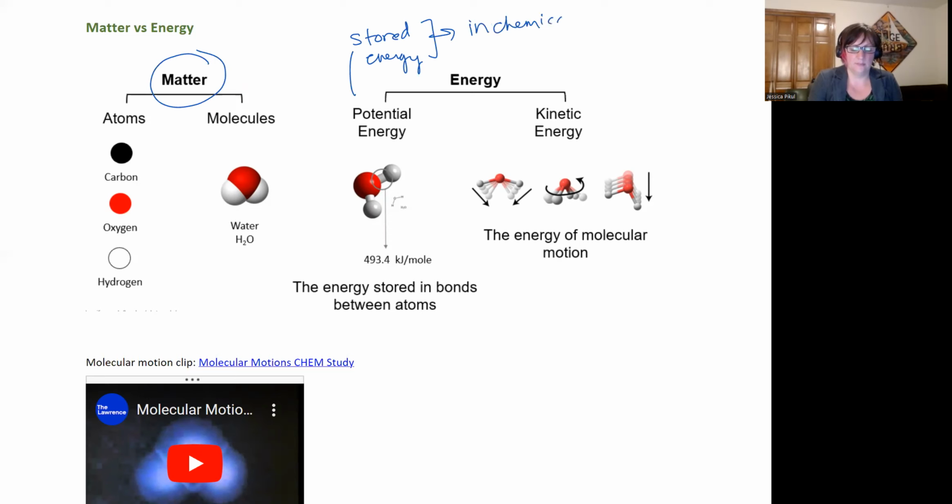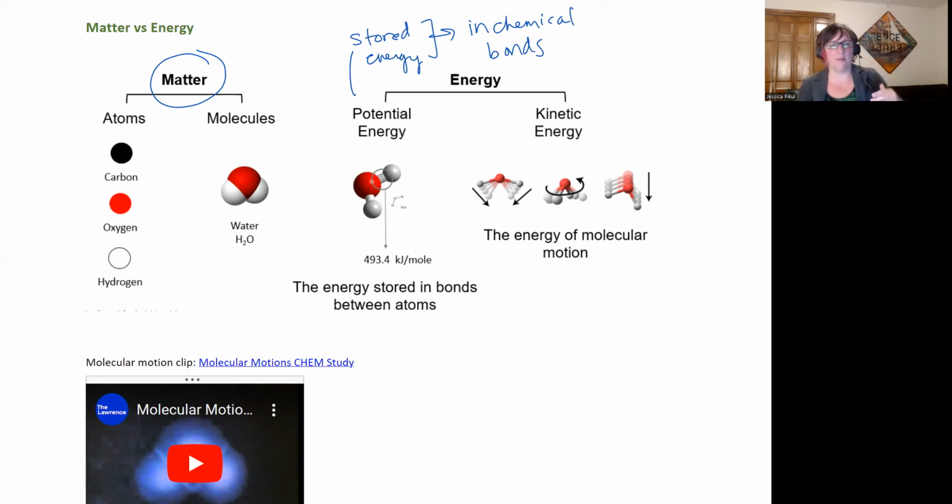From a physics perspective, potential energy is when you're at the top of a roller coaster or a ladder and you aren't moving a lot, but you have the potential to drop and have a lot of motion. When that happens, your potential energy is converted into kinetic energy, which is the energy of motion, essentially.